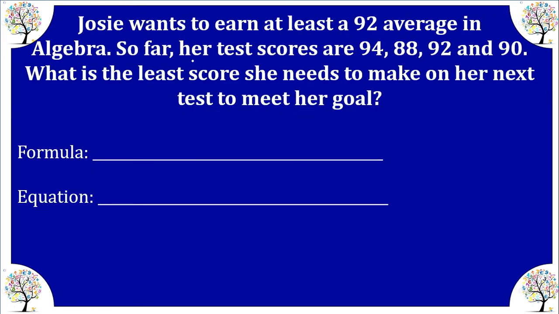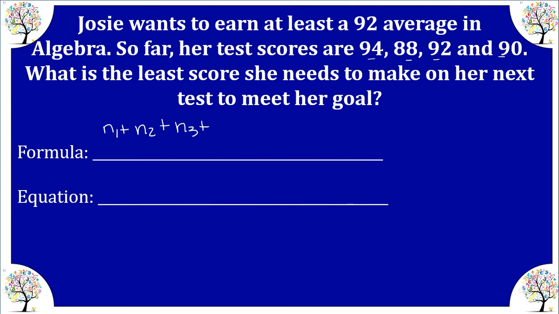Josie wants to earn at least a 92 average in algebra. So far, her test scores are 94, 88, 92, and 90. What is the least score she needs to make on her next test to meet her goal? So the formula for average is you take all your values.